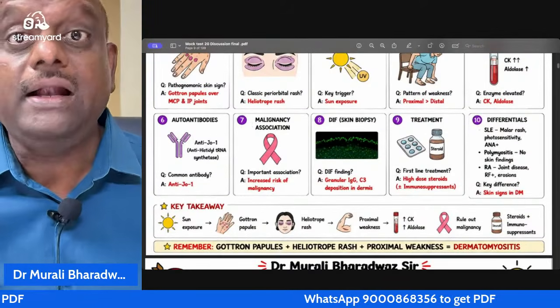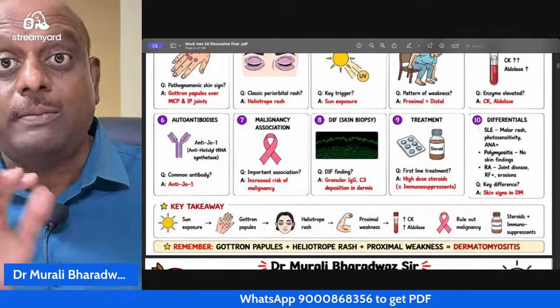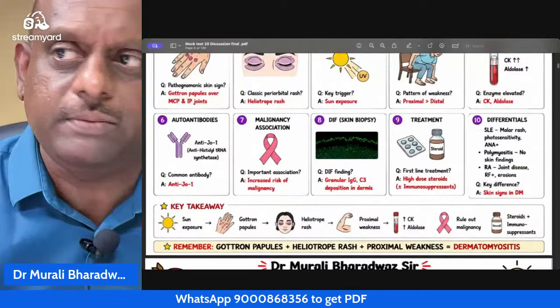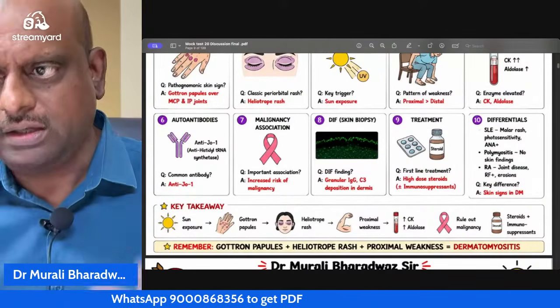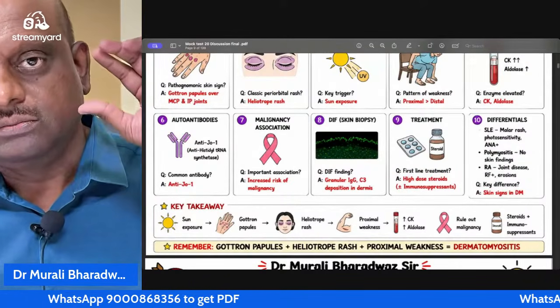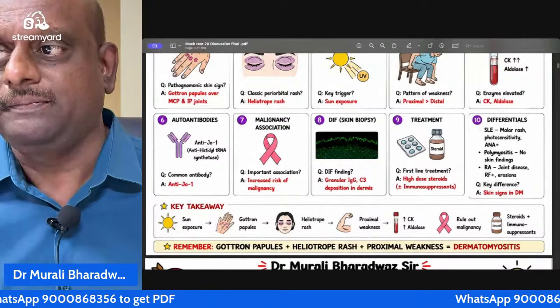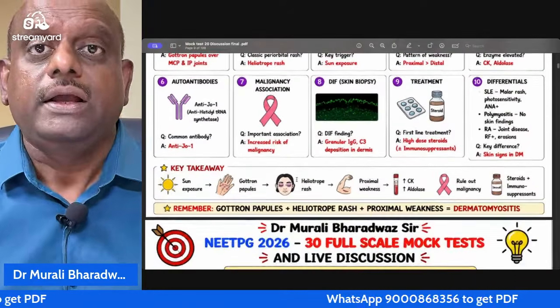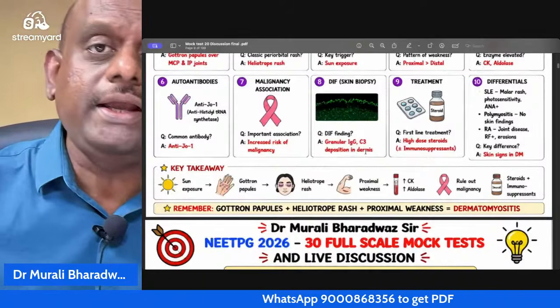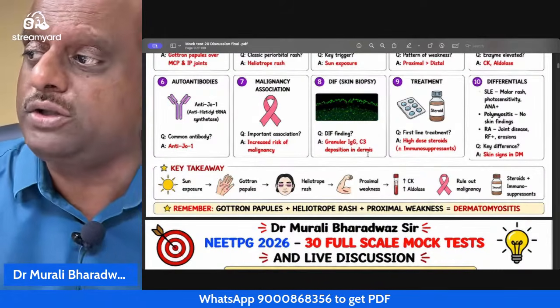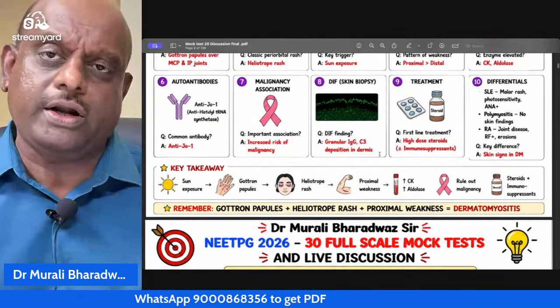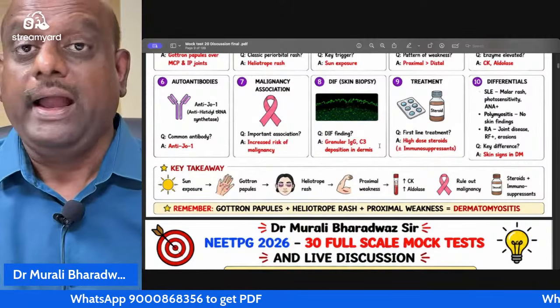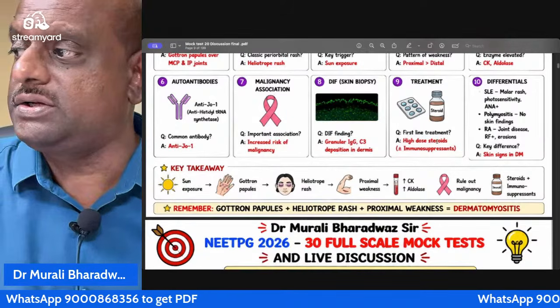And anti-Jo-1 antibody is the common antibody you need to remember when it comes to dermatomyositis. There's an increased risk of malignancy. Granular immunoglobulin G and complement C3 deposition in the dermis is a very important clue. And we need to give high dose steroids.